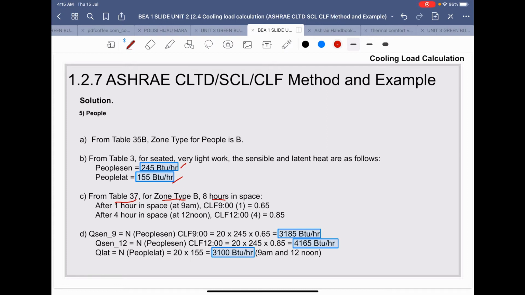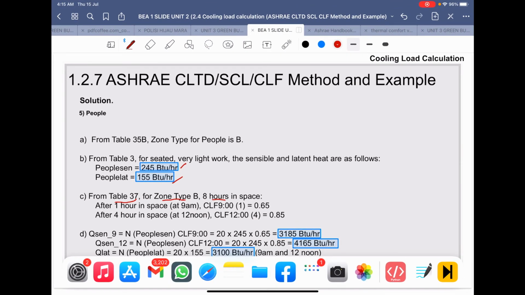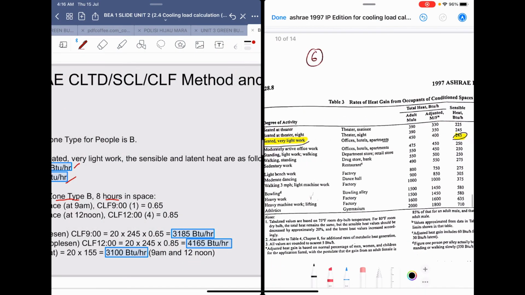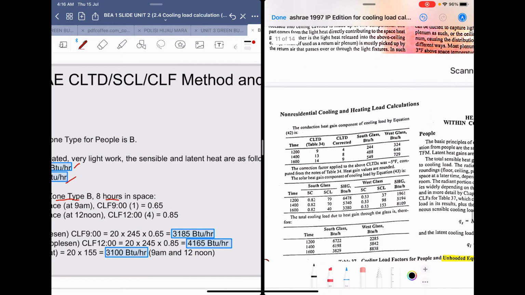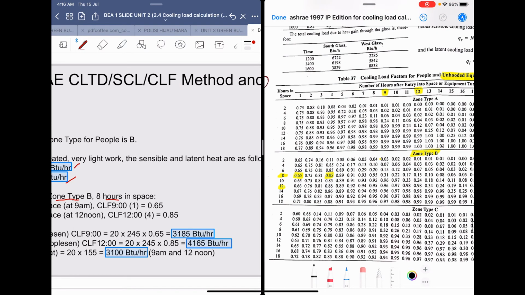So we want to know the CLF, cooling load factor. To know the cooling load factor, we have to refer to table 37.